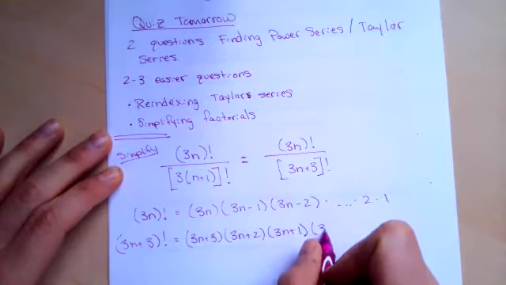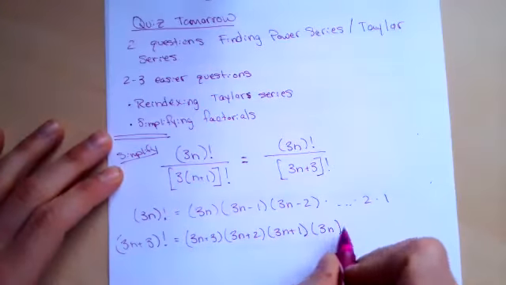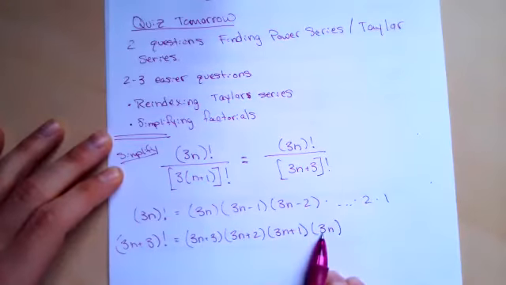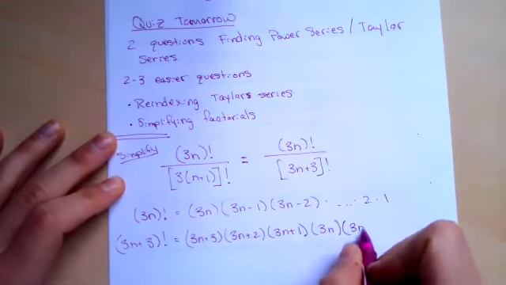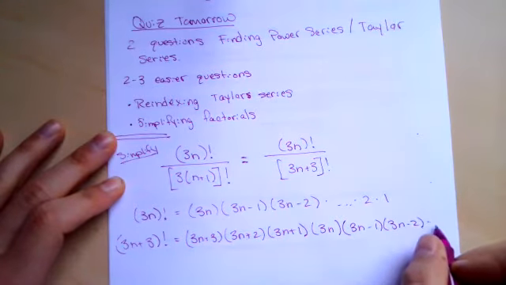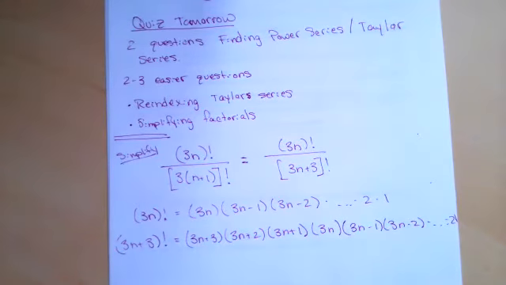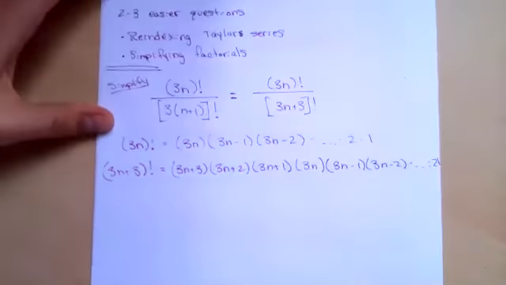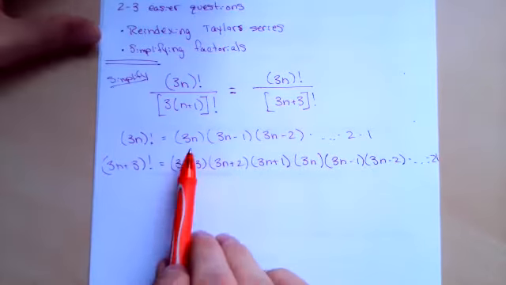So we can keep writing out our terms, and eventually you realize after I get 3n plus 3, 2, 1, the next term essentially brings us back to the previous one, to the smaller factorial. And it will keep going, 3n minus 1, 3n minus 2, and it keeps going all the way down to all the other terms. And so what you want to do to simplify factorials is factor the factorials. It's kind of the reason for the name, that it's just a finite product.